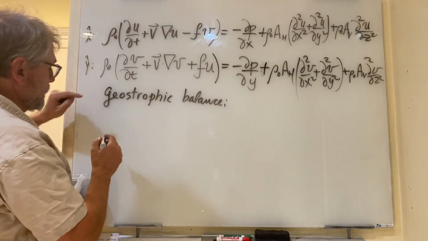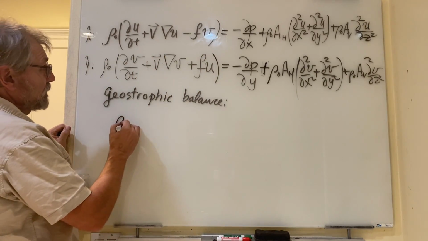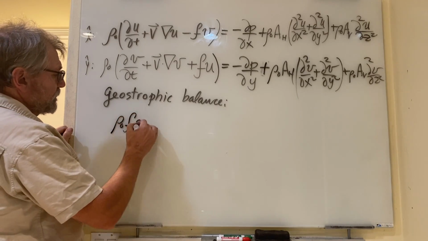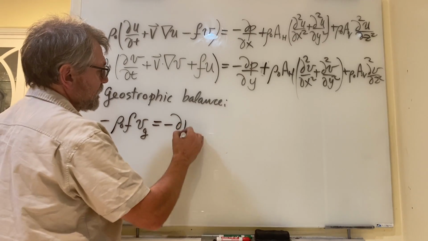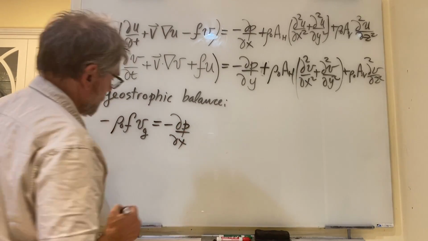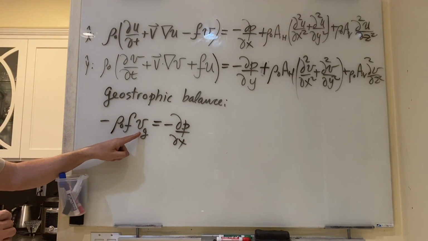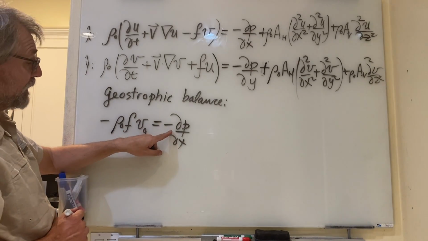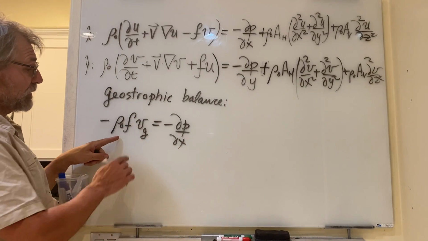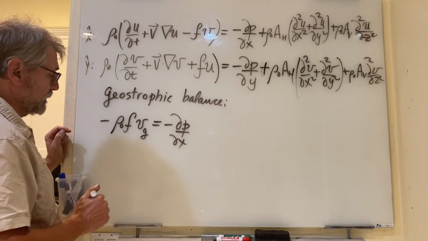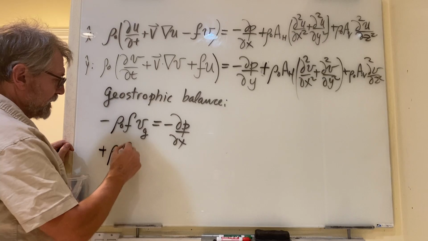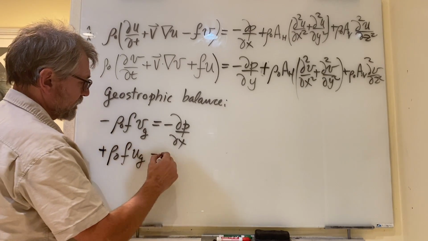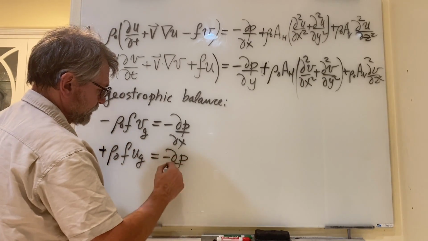So we're going to write minus rho naught f v geostrophic is equal to minus dP/dx. So that kind of defines the geostrophic velocity. It says that whatever the pressure gradient is, there's going to be a geostrophic current that balances that pressure gradient. And the other term in the other equation will be plus rho naught f u geostrophic is equal to minus dP/dy.